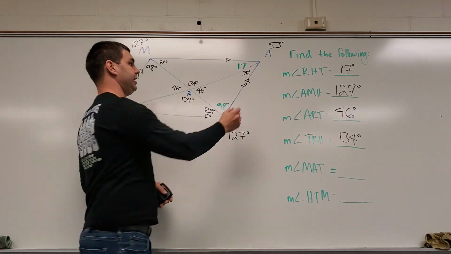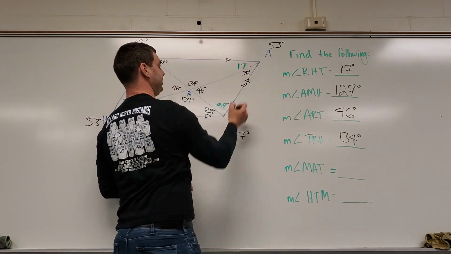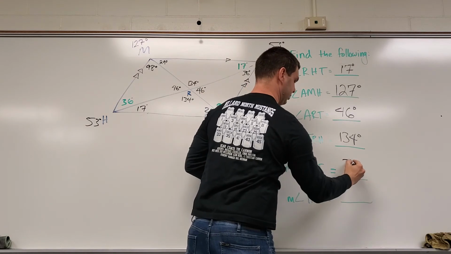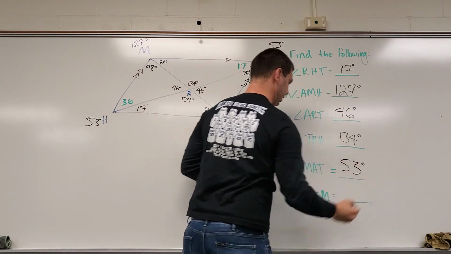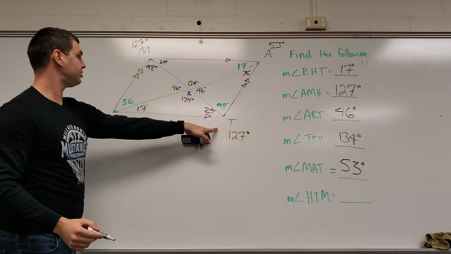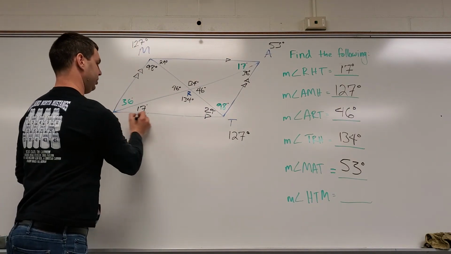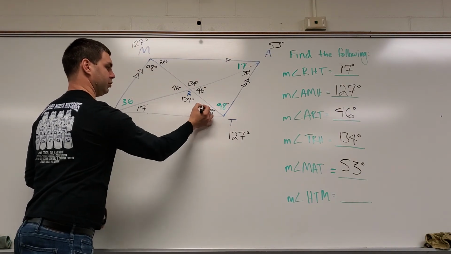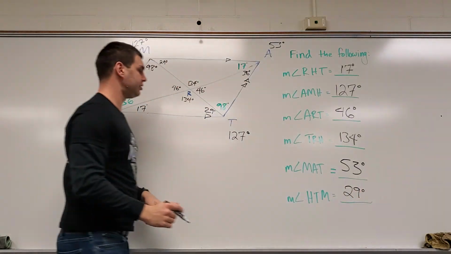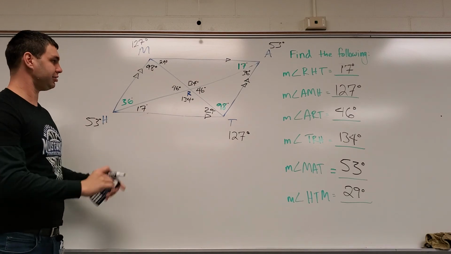MAT is again this whole outside part. MAT includes both the 17 and the 36, so we can just do the 53. And lastly, angle HTM. I'll be a little bit careful with that one, so it's going to be 29 degrees. I think that completes our angles on our parallelogram.